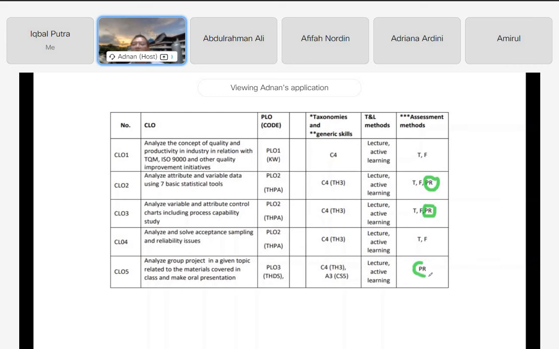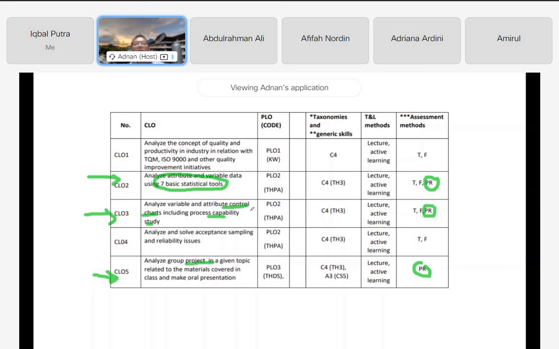For this project, we would like you to look into CLO2, CLO3, and CLO5. What are these? This is using the basic SPC tools, which you have learned. You also learned about control charts, and process capability, which is Cp and Cpk, and also analyzing a group project in a given topic related to the material covered in the class.